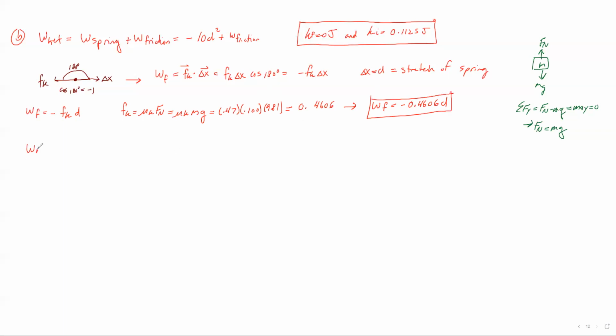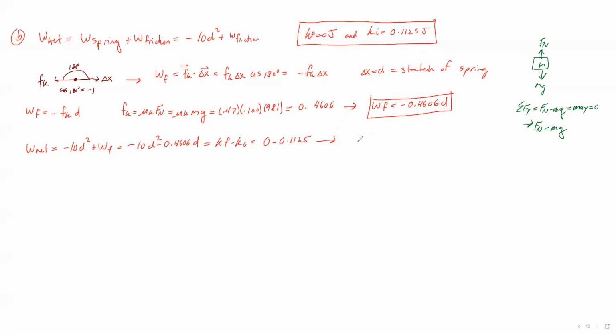So I know W net is going to equal negative 10D squared plus the work due to friction. That's negative 10D squared minus 0.4606 D. Okay, well, I know again that that's going to equal Kf minus Ki, which is 0 minus 0.1125.